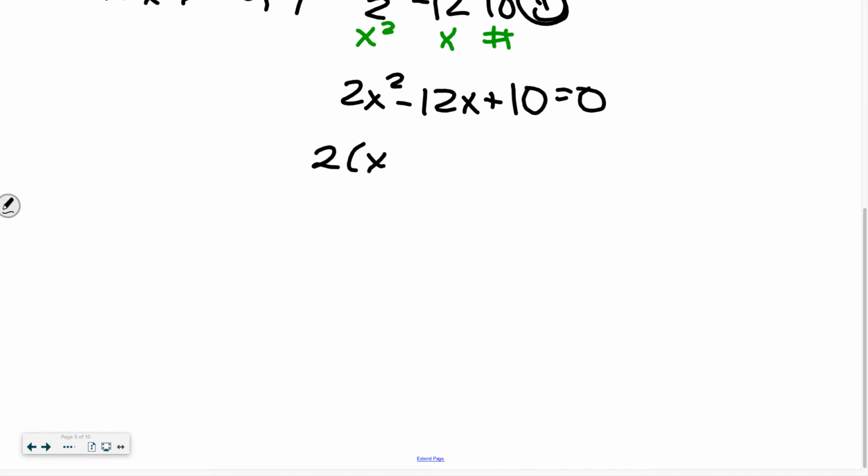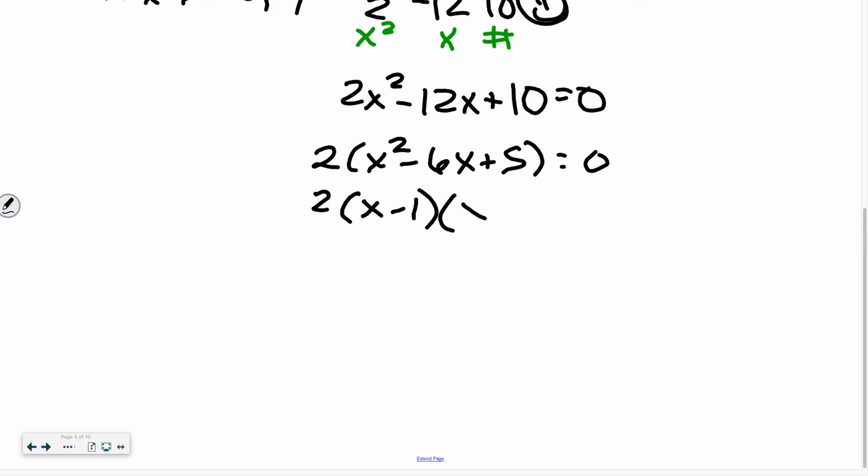That's 2 times x squared minus 6x plus 5. You have factors of 5 that add to make -6: -1 and -5. And then you don't really have to worry about the 2. That's not going to produce a solution. What are your 2 solutions from this factoring? 1 and 5.